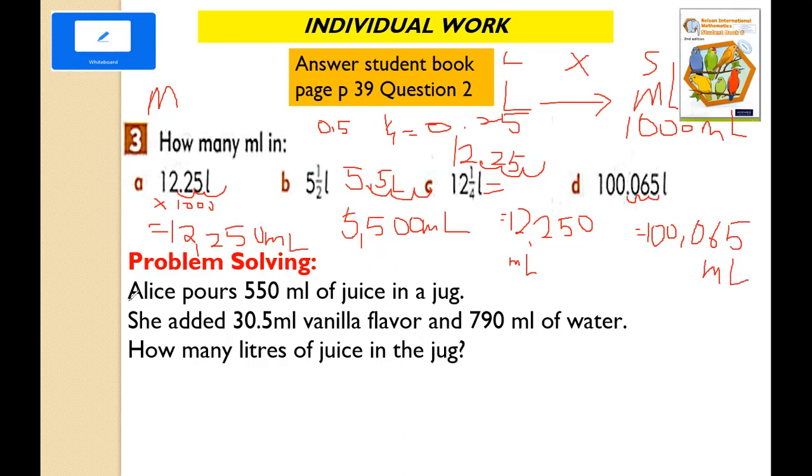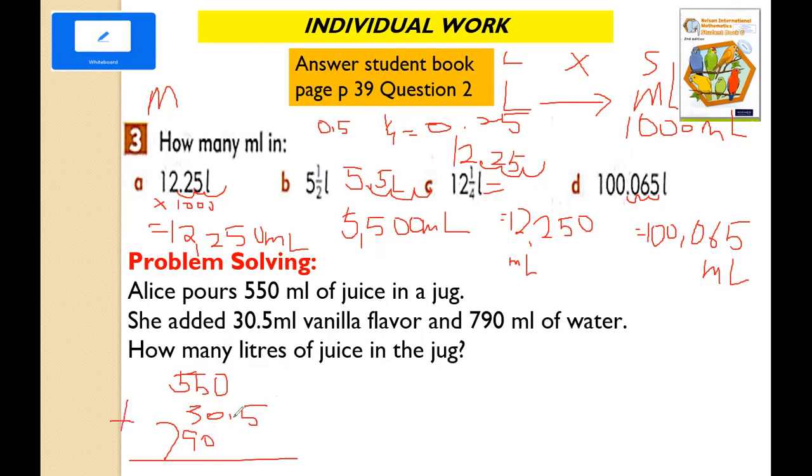Now, let's solve this problem. Alice pours 550 ml of juice in a jug. She added 30.5 ml vanilla flavor and 790 ml of water. How many liters of juice are in the jug? So 550 plus 30.5 plus 790.